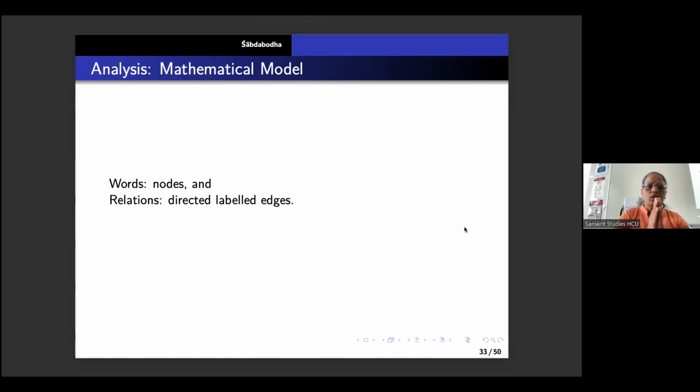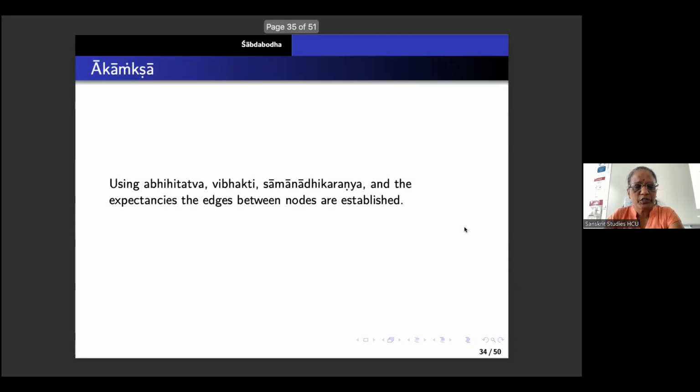Essentially, we have the words and we have the relations between the words. So we try to model it as a graph where the words are nodes and the relations are directed labeled edges.